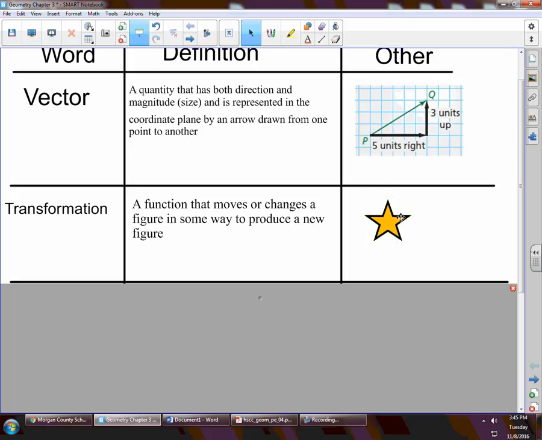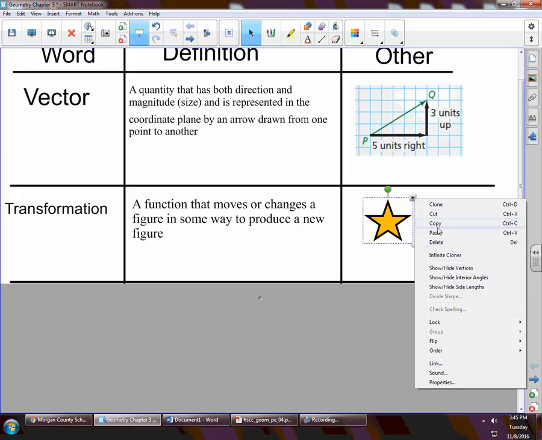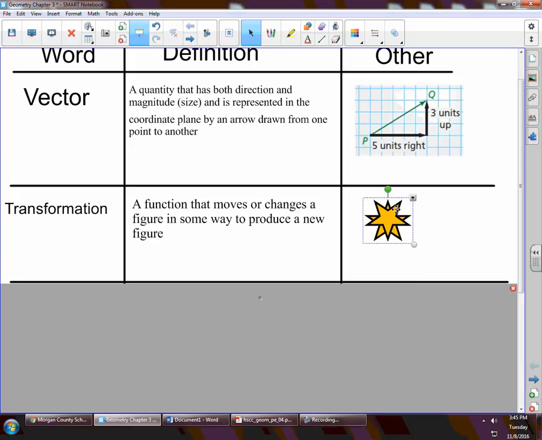We can take this star and reflect it over a line. So we can have a reflection over a line here, and we'll talk about that in a second. We can take that star and reflect it over that line.